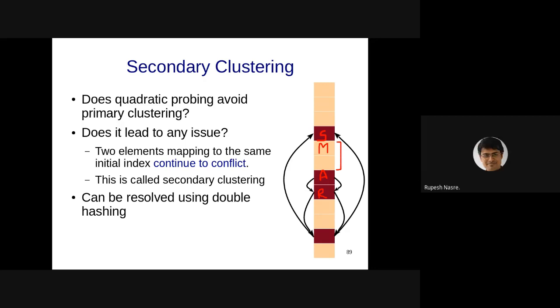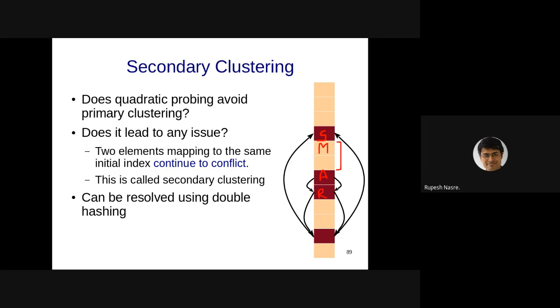I understand what you are saying, but there is a difference. In the case of linear probing, it was guaranteed. The chances of this happening are going to be very small, the reason being that the indices are different. In linear probing, it was all consecutive. But in the case of, let's say, that S, the next index is A after S, M might get hashed to that index.